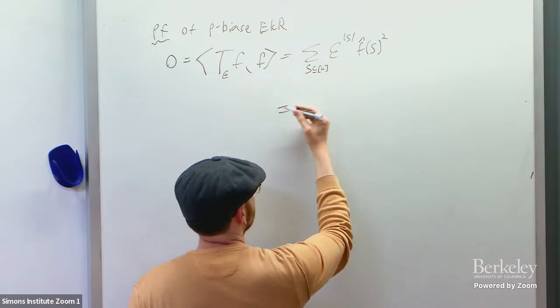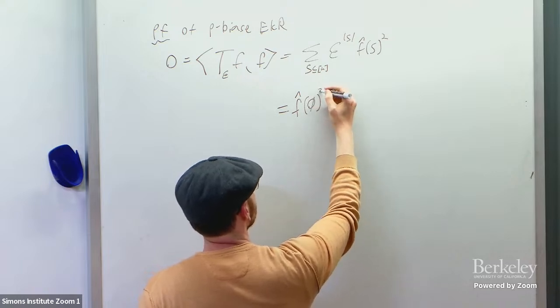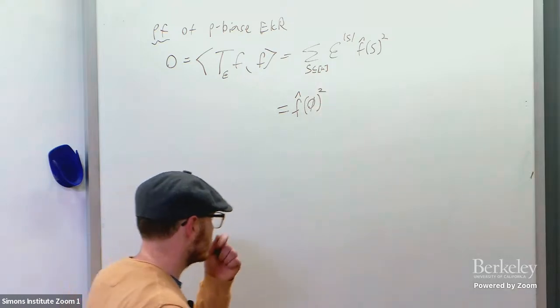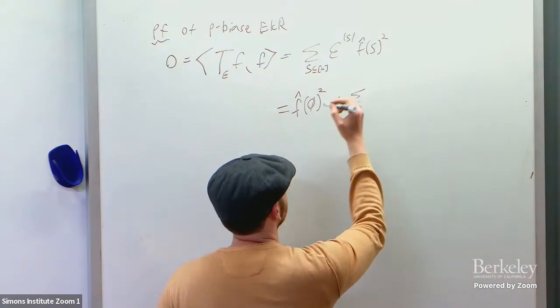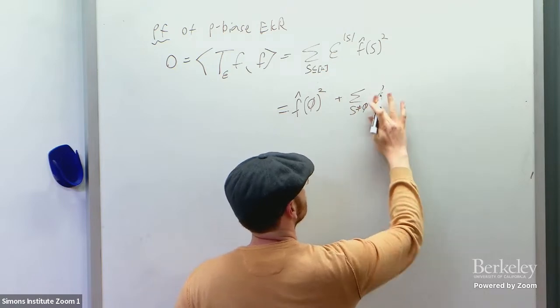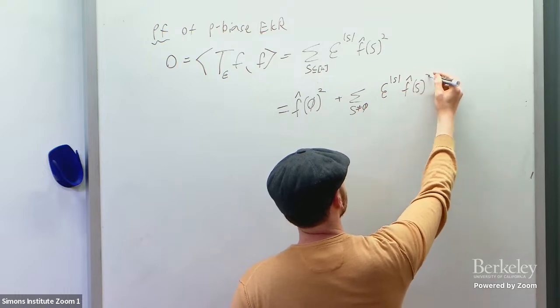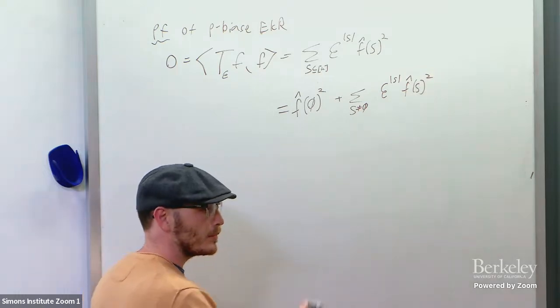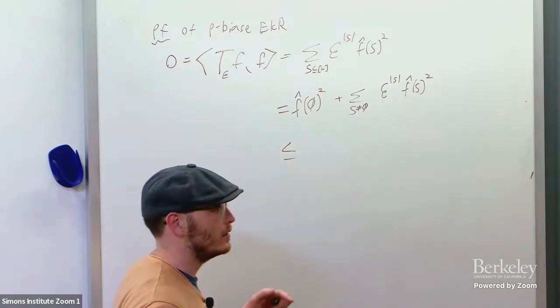This we can write as f-hat of the empty set squared, plus the sum over the non-empty sets. Now we can lower bound each epsilon to the |S| by minus p over 1 minus p.